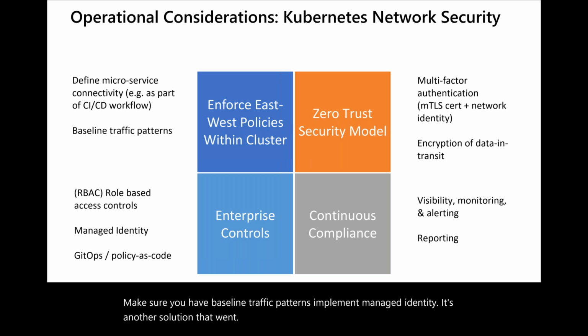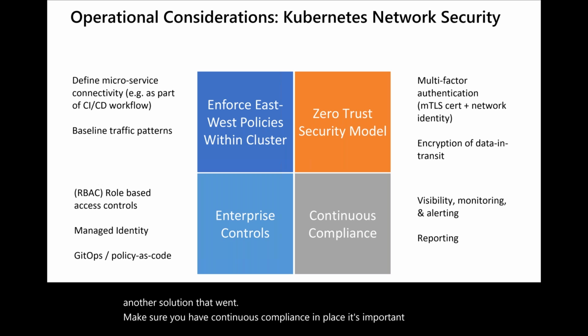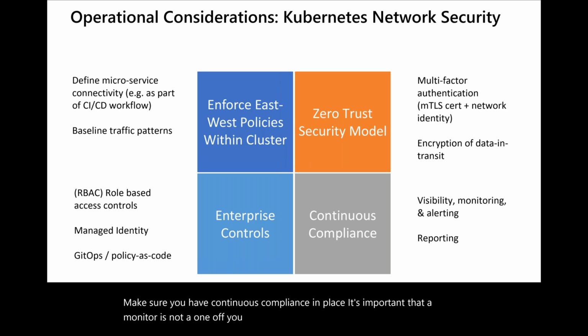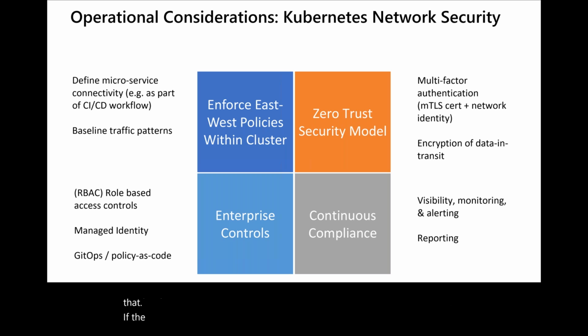Make sure you have continuous compliance in place. It's important that monitoring is not a one-off. You keep that in place, and you make sure the attacker doesn't have access to go and clean the logs.